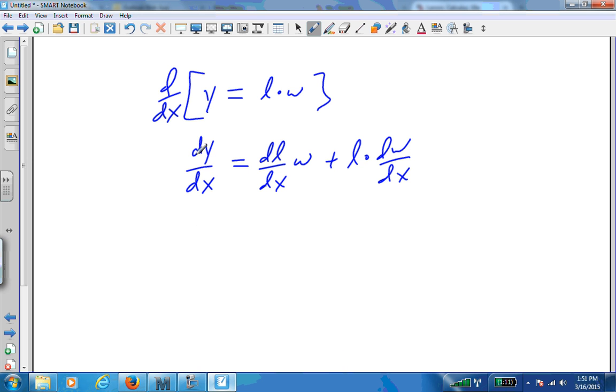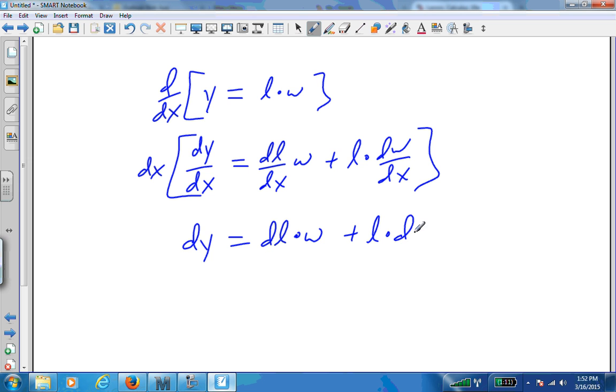So if we want dy, multiply both sides by dx. So dy on the left. If we multiply this term by dx, the dx goes away, and we have dl times w. If we multiply this term by dx, the dx's go away, and we have l times dw.